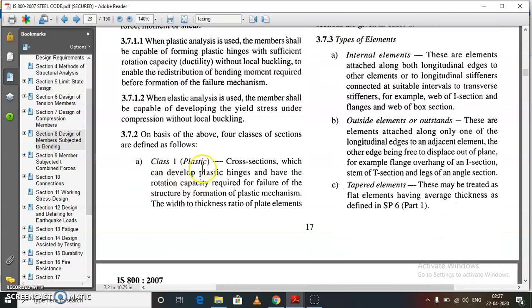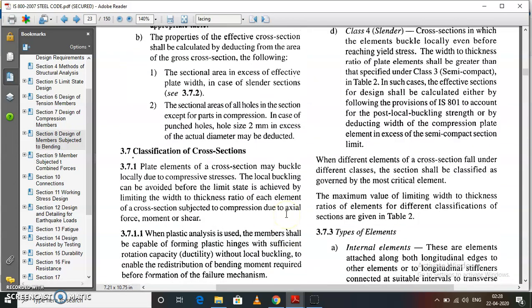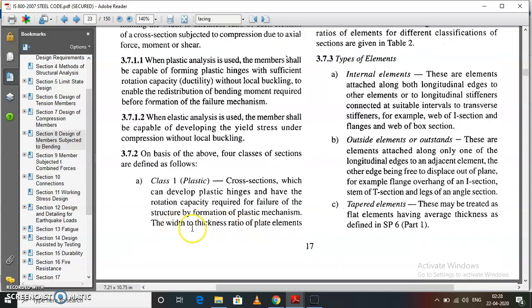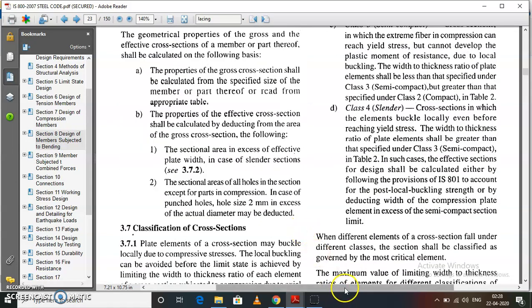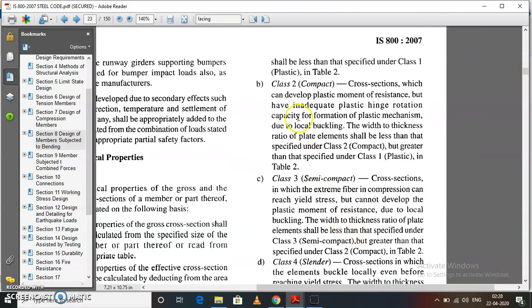Class 1, plastic: cross sections which can develop plastic hinges and have the rotation capacity required for failure of the structure by formation of a plastic mechanism come under class 1. The width to thickness ratio of plastic elements shall be less than that specified under class 1 of Table 2.